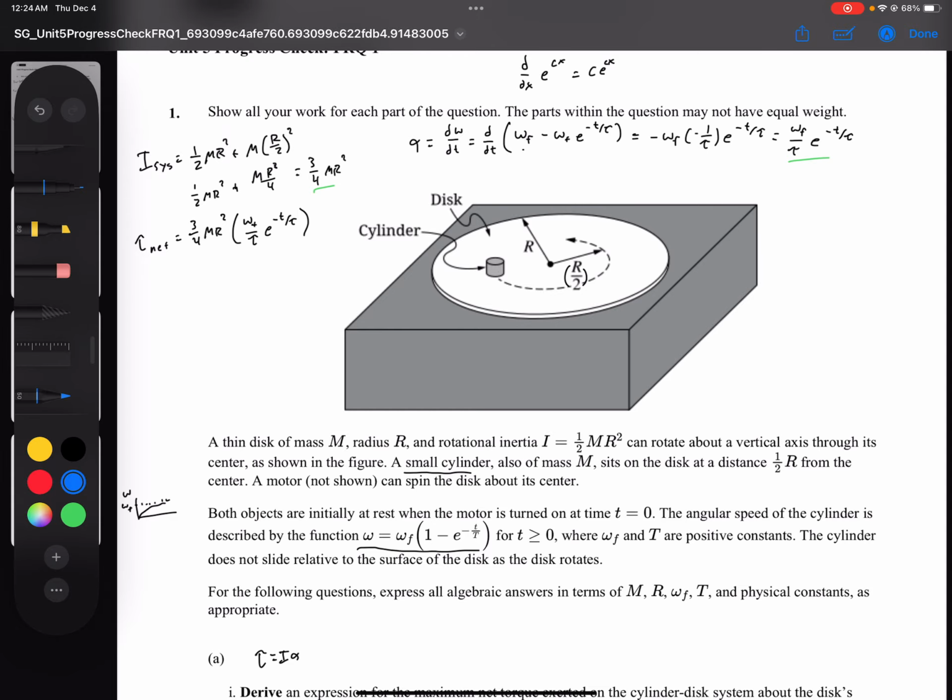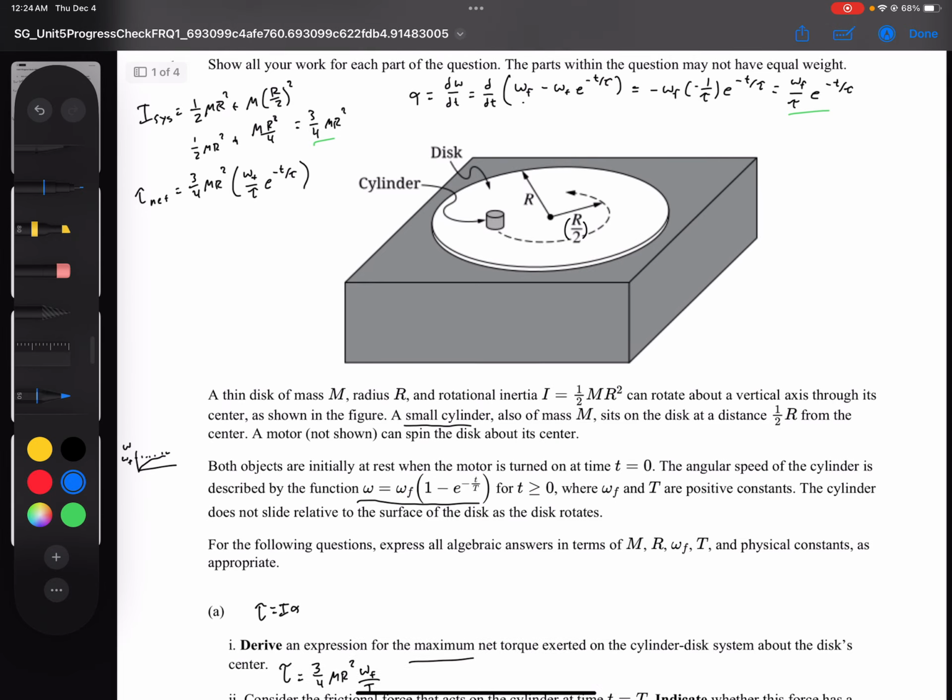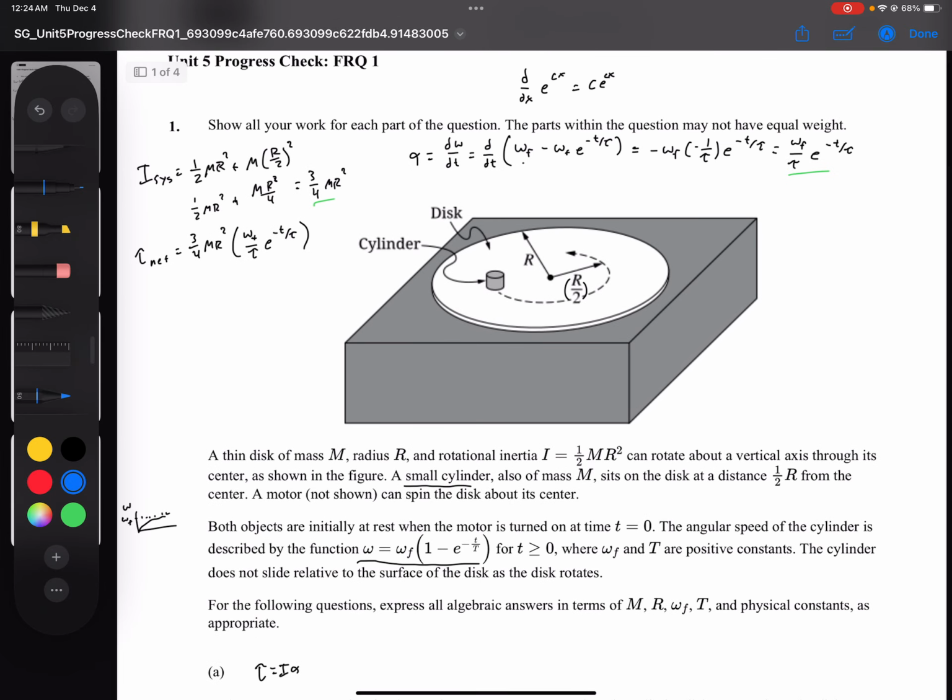Imagine this cylinder is rotating counterclockwise from our perspective. There's an angular acceleration also going around here.